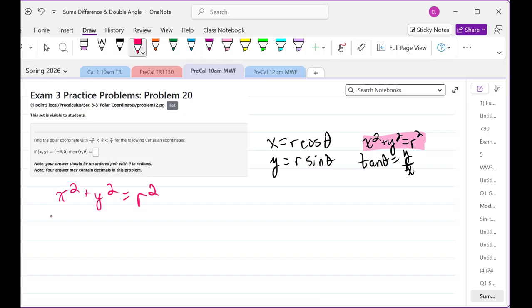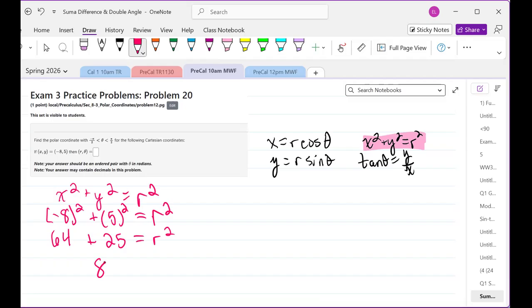All right, so x is negative 8, so I have negative 8 squared plus y is 5, so plus 5 squared equals r squared. Negative 8 squared is 64, plus 5 squared is 25.